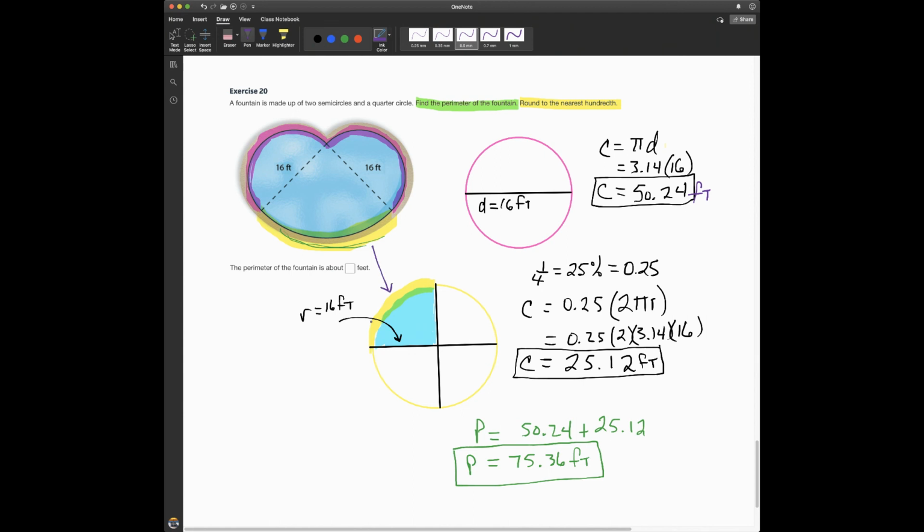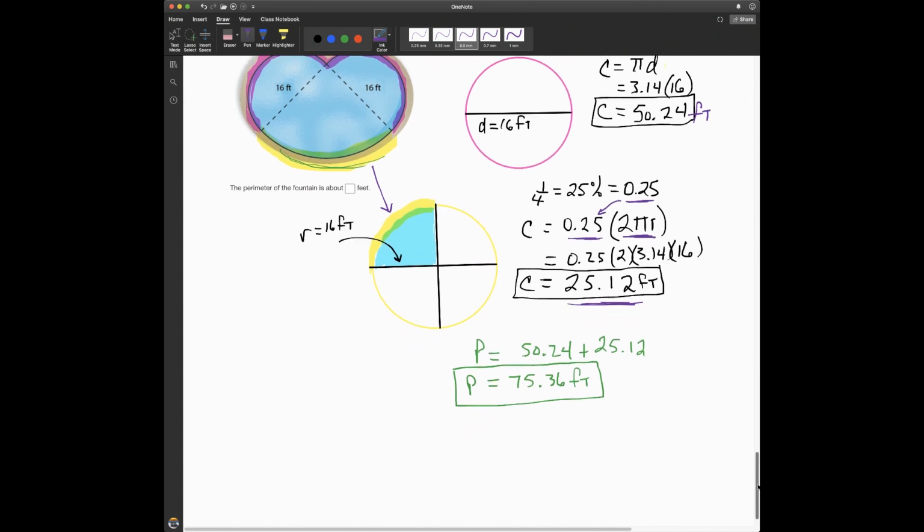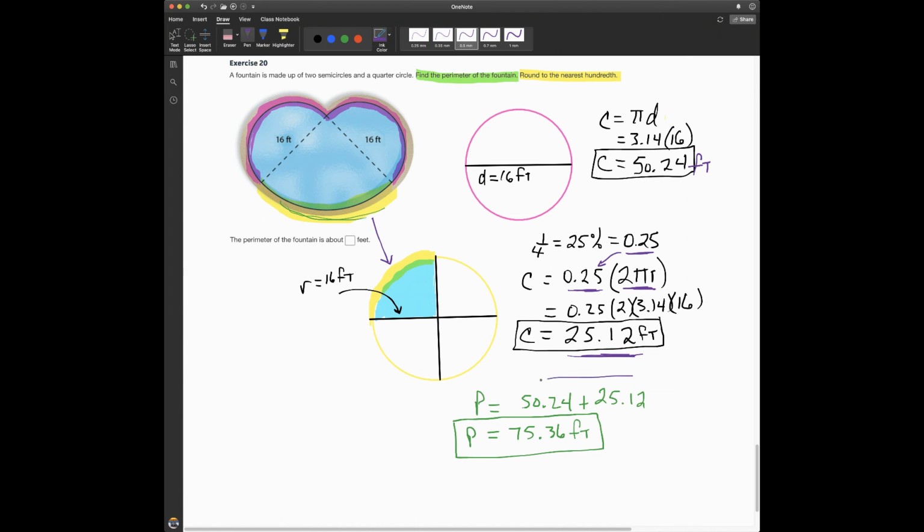So I need to find the circumference of 1/4 of a circle, or 25%, or 0.25, which I use in the formula. So I take the circumference of a circle, I find 1/4 of it, and I get this answer. Not done yet. I actually need to add those together to get the total perimeter of the fountain.